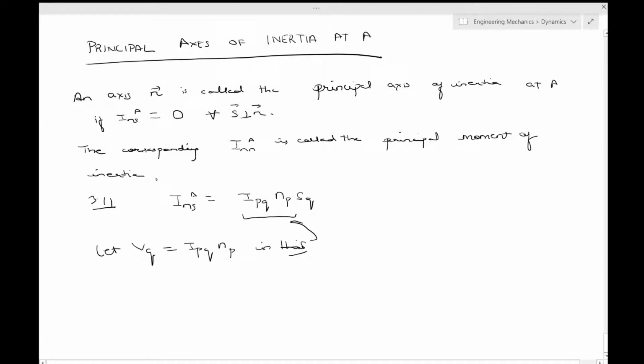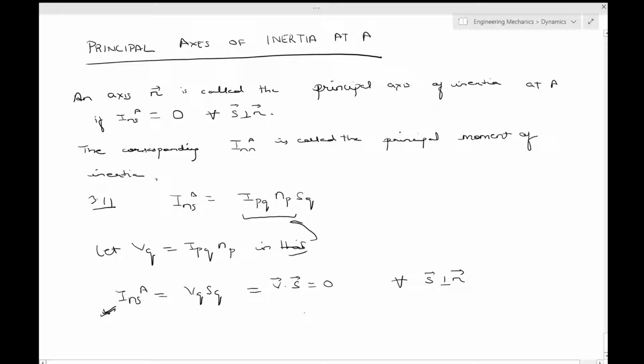Then I_ns of A will be written as V_q s_q. This, if you remember, is just the dot product of V and s, and it is equal to 0 for all s perpendicular to n, because that's what we require. This I_ns should be equal to 0.